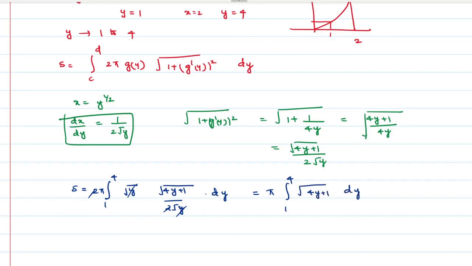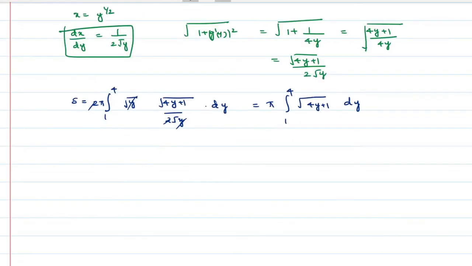Right? Either you can integrate directly or you can substitute 4y plus 1 is equal to u. Then 4 dy is equal to du, therefore dy is equal to du by 4.